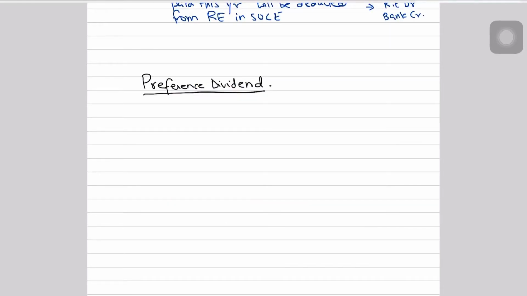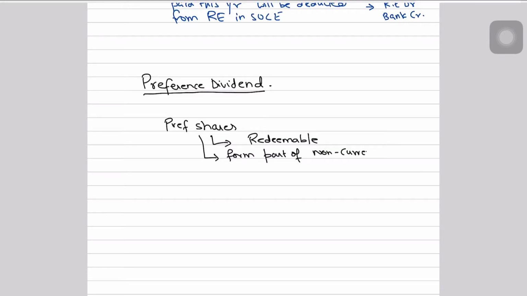So students, now let's see what is the treatment of preference dividend. The treatment of preference dividend varies as it depends upon whether the preference shares are redeemable or non-redeemable.